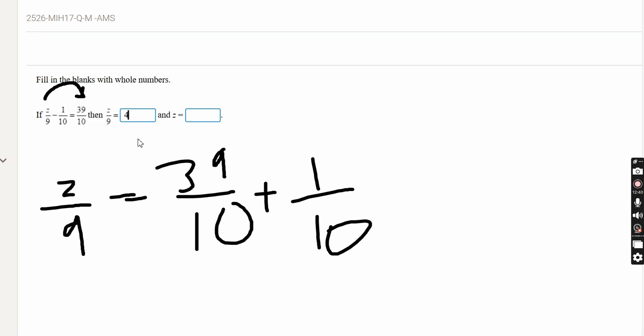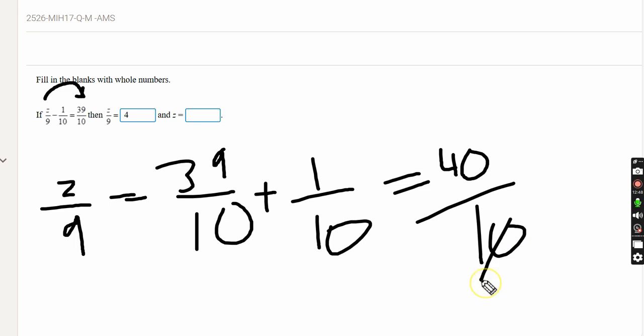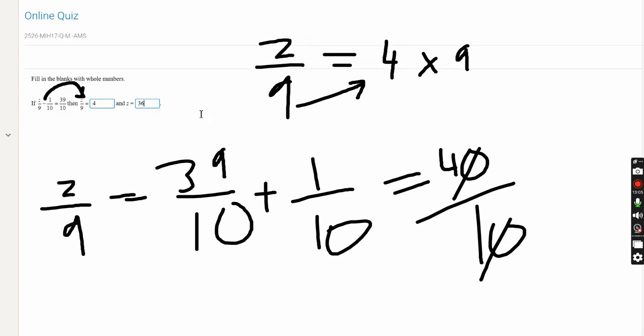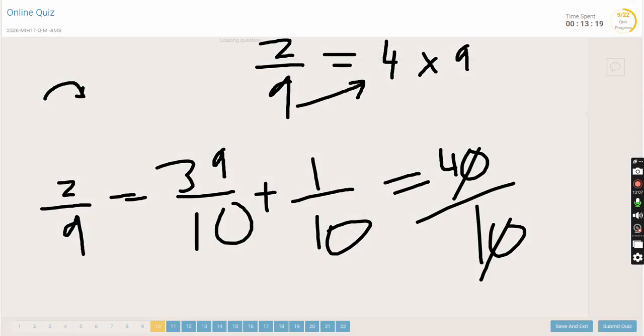So here it becomes 40 over 10, and then you cross out the 0, so it becomes 4. And then z over 9 is equal to 4. You take the 9 to the other side, it's division, right? So now you multiply by 9. That is 9 times 4 is 36. There you go. Let's go to the next question.